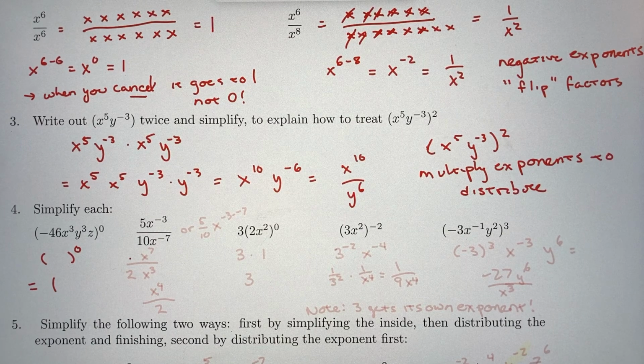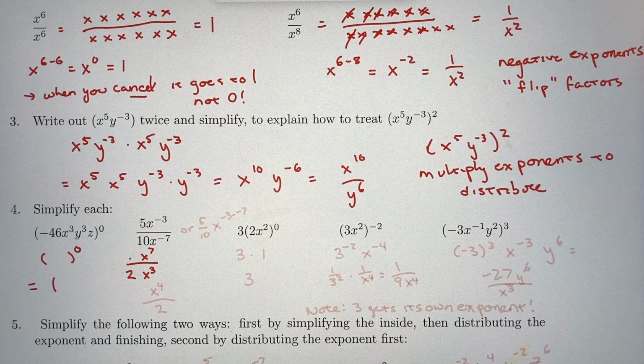I'm going to do this one by first starting to cancel the 5 and the 10, and then I'm going to move x to the 7th and x to the 3rd around. X to the 7th is x to the negative 7 in the denominator. Notice that you use up the negative exponents in order to move things around. Then subtract the exponents.